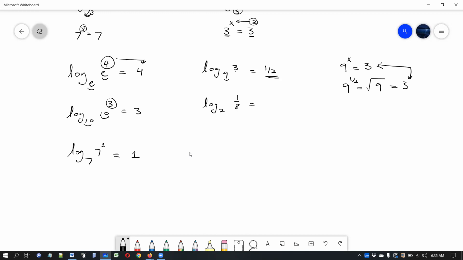Similar with this one, 2 to the x equals 1/8. It's difficult to understand, but if I rewrite 1/8 as 2 cubed, and then I move the 2 cubed to the numerator, that becomes a whole lot easier because now again, as before, I have the bases being the same, just like in this case.